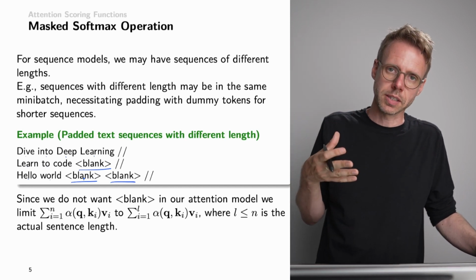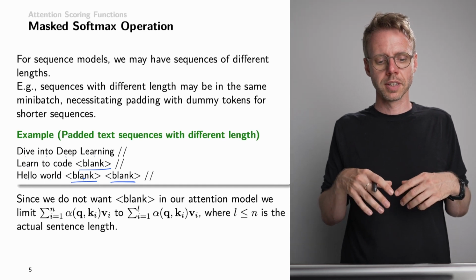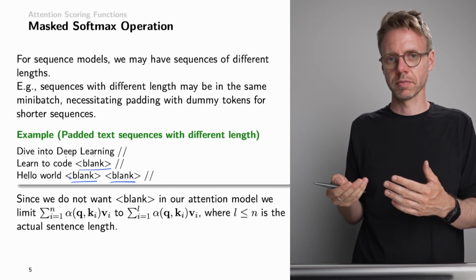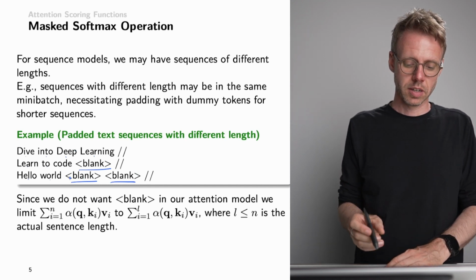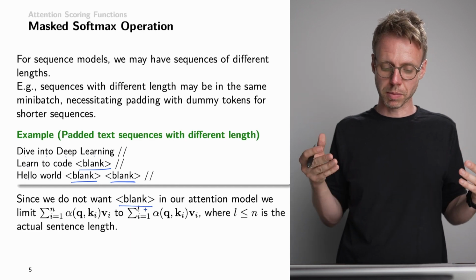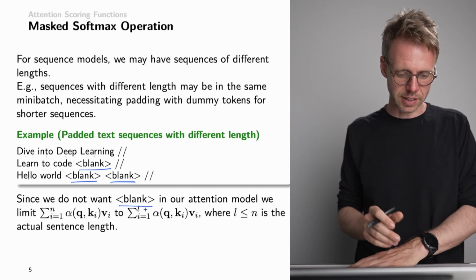Now, of course, when you're computing your attention, you don't want these blanks to affect the attention. So we do not want blanks in our attention model, but we want somehow to be able still to compute all of these things together.